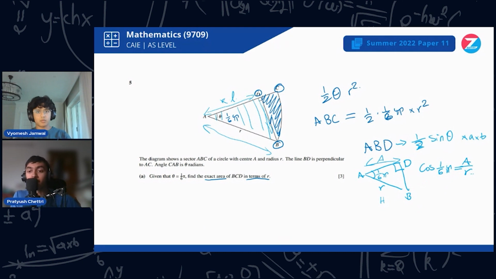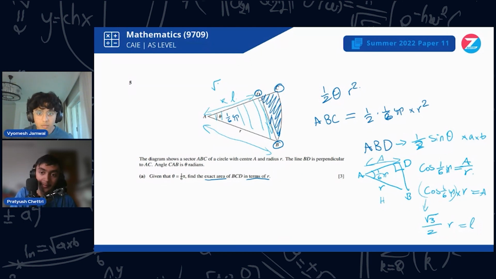So henceforth, cos 1/6 pi times r is equal to my adjacent, which if I put cos 1/6 pi into my calculator, this becomes square root 3 over 2. Make sure you're in radian mode for this. That equals L here. So this L is square root 3 over 2 r long.